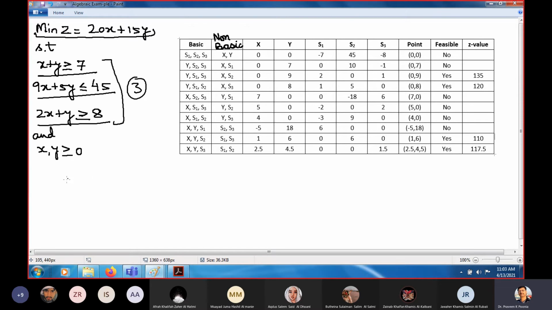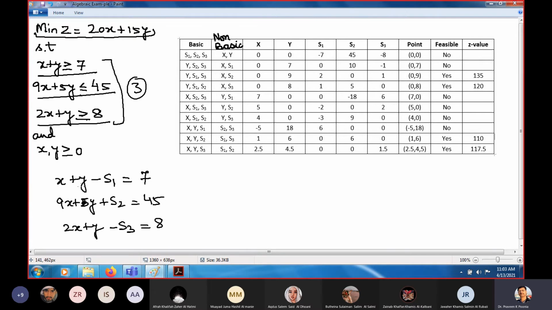So what is the step 1? You need to change it into equalities: greater than, surplus variable; less than, slack variable; greater than, surplus variable.